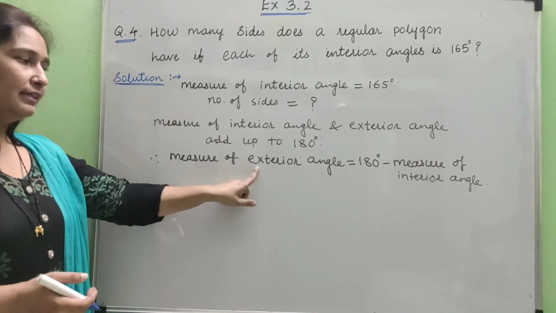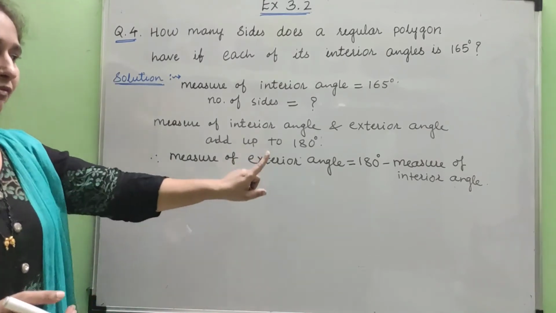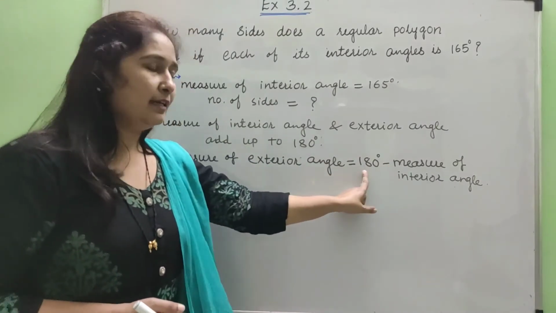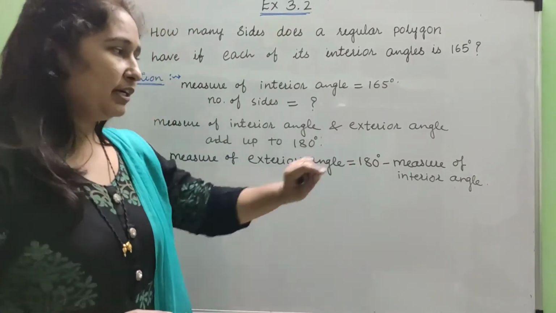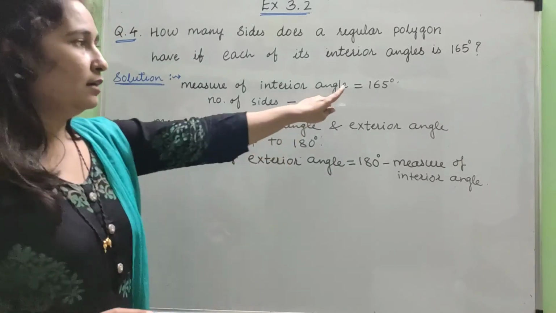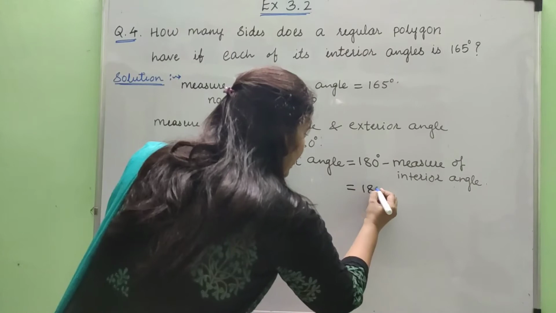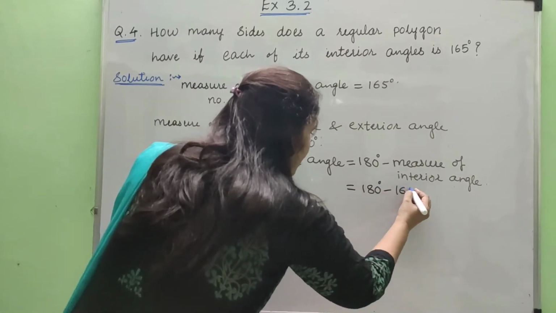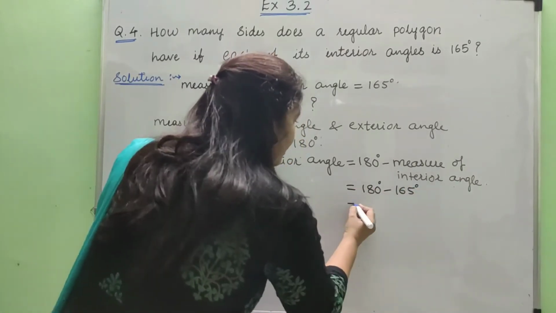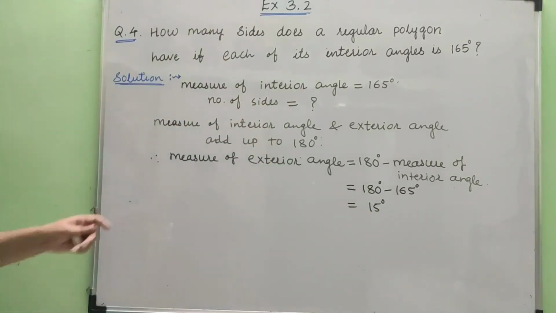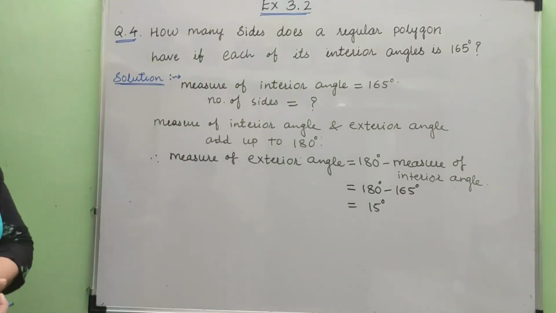So to find the measure of the exterior angle, we will be subtracting the measure of the interior angle from 180 degrees. What is the measure of the interior angle here? 165. So it is equal to 180 degrees minus 165 degrees, equal to 15 degrees. So the measure of the exterior angle we are getting here is 15 degrees.